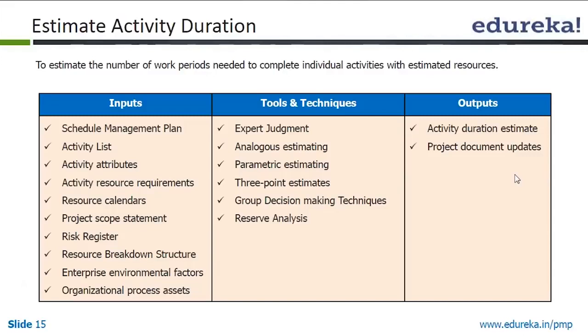So we estimate the number of work periods needed to complete individual activities with the estimated resource. Schedule management plan, activity list, attributes, activity resource requirement, resource calendar, risk register, resource breakdown structure, EEF and OPA are the inputs.